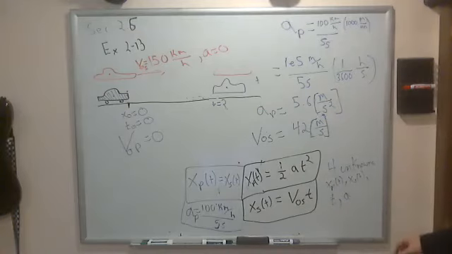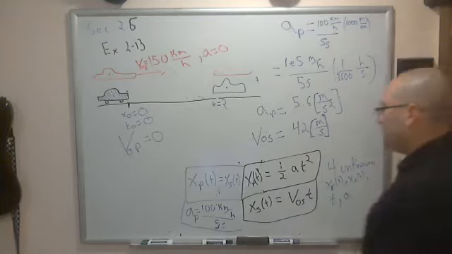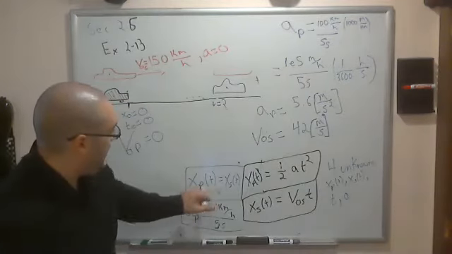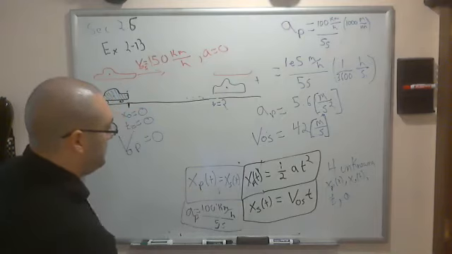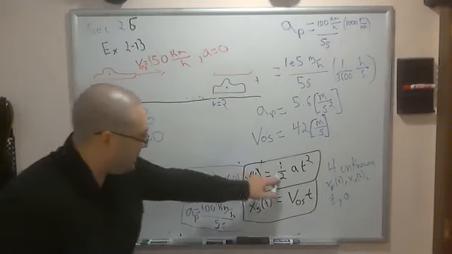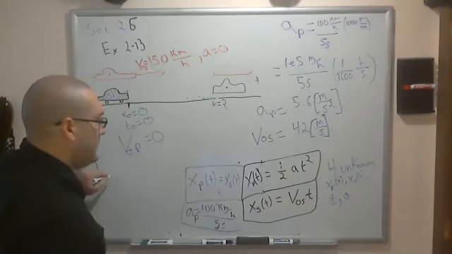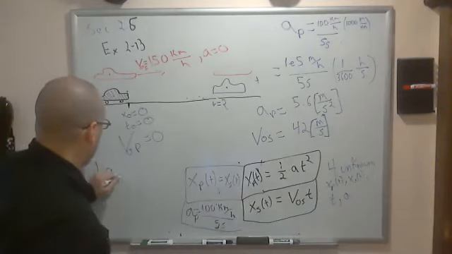Okay. Next, what we do is plug things in. So the fact that XP and XS are equal to each other at this point, we can express this as just writing this.